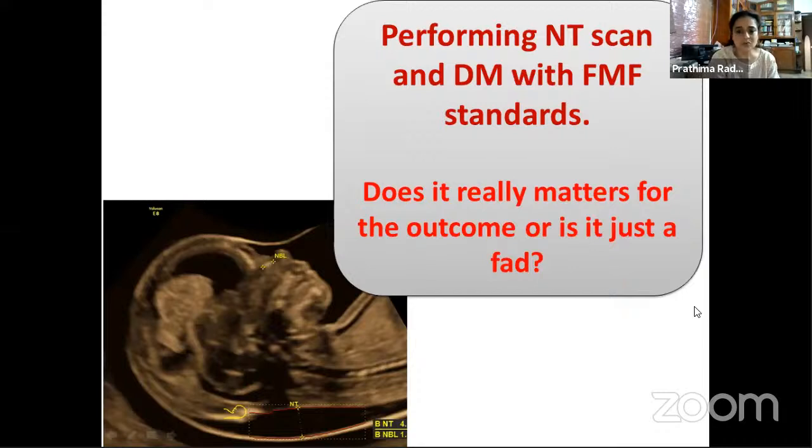There's no debate as to whether we need to do it any other different way, right? So I think it is standard, and if your outcomes matter, then your NT scan being done properly also matters. So I think that's it.